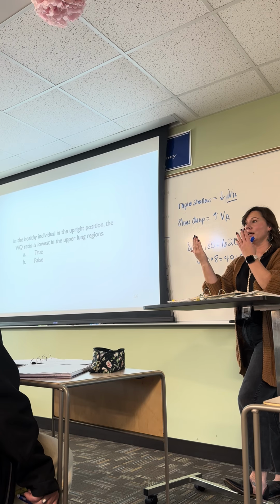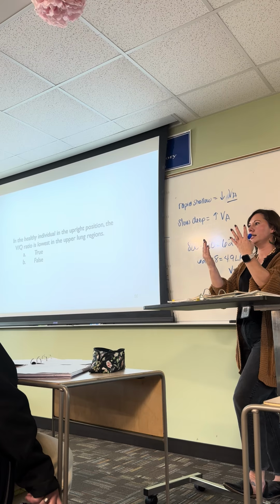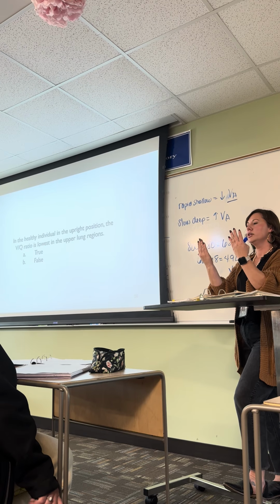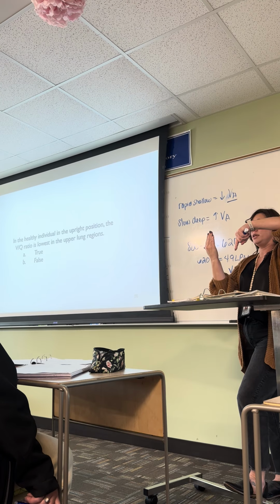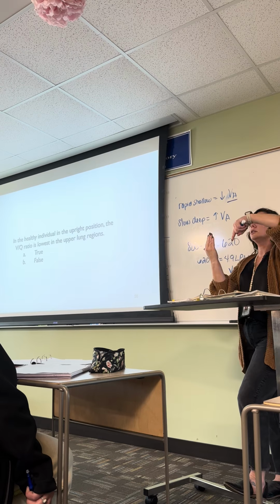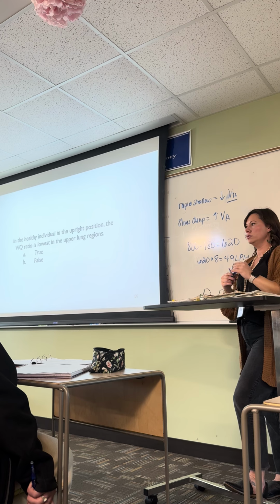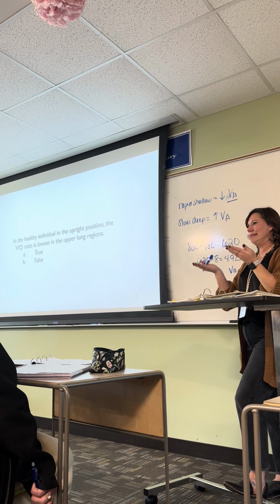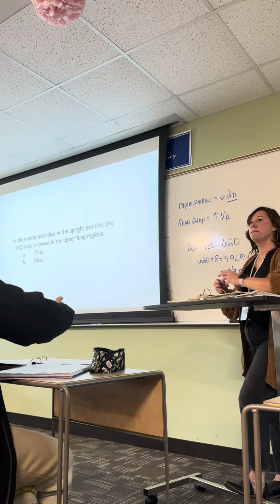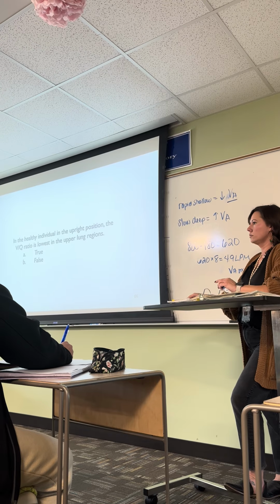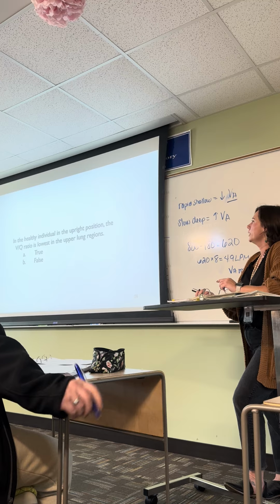The ventilation and the increase-decrease sign are directly related. So if I say it's a low VQ mismatch, or low VQ ratio, it's decreased ventilation to perfusion. So the first one was true? No, they're both false, okay?